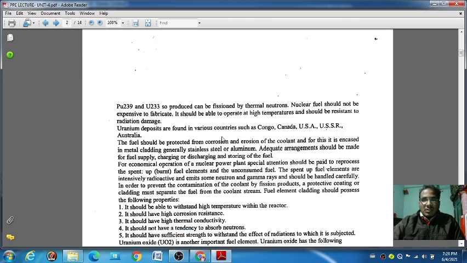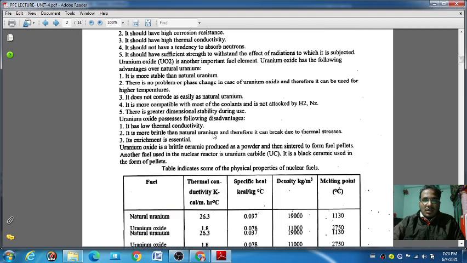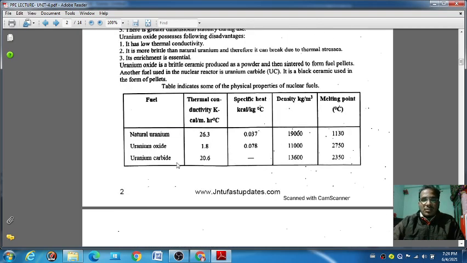next we are discussing the fuels: natural uranium, uranium oxide and uranium carbide. Here we are discussing the physical properties of nuclear fuel. Basically the thermal conductivity of natural uranium is 26.3, uranium oxide 1.8, and uranium carbide.